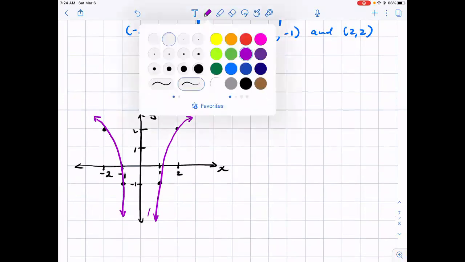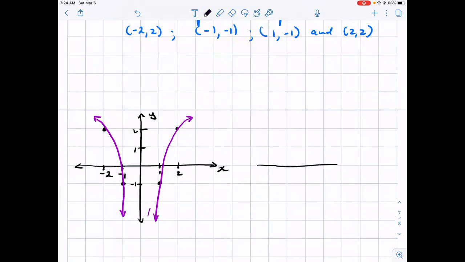Or I could have done the same thing, where you can see my graph could have possibly -1, -2. So this side is positive.